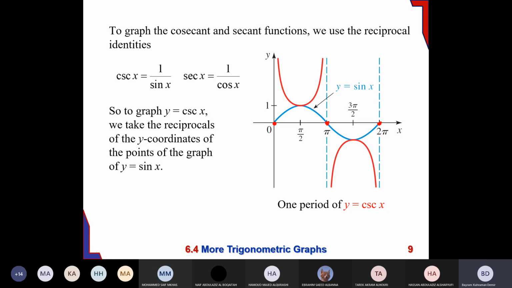So I sketch vertical asymptotes at the x-intercepts. And then how does the graph look, Shabab? It looks like a parabola, right? One parabola is facing up, another parabola is facing down. You see?